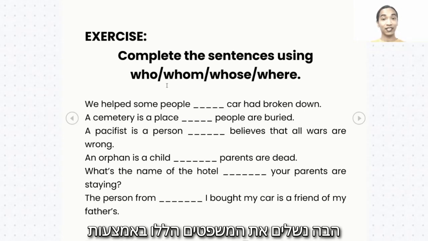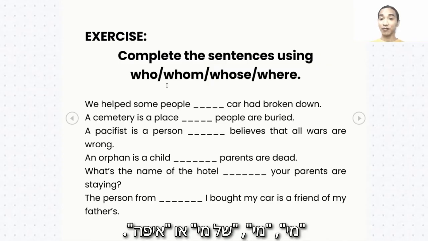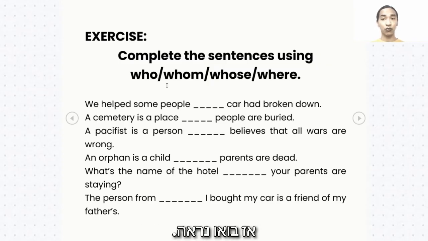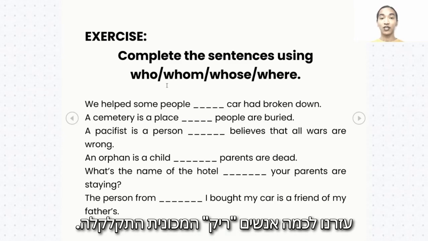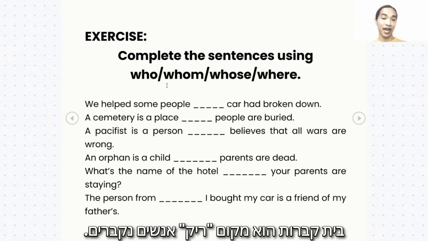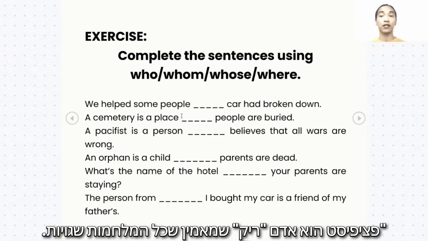Let's complete these sentences using who, whom, whose, or where. So let's see. We helped some people blank car had broken down. A cemetery is a place blank people are buried. A pacifist is a person blank believes that all wars are wrong.